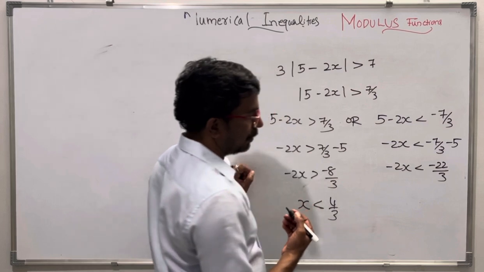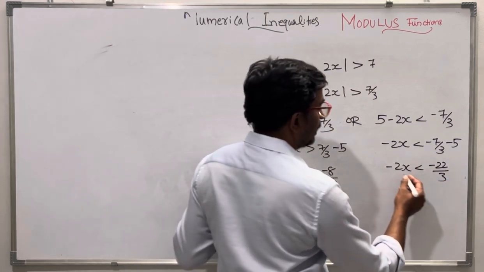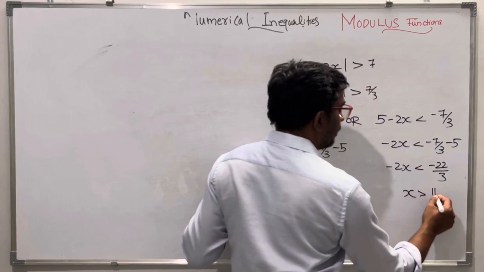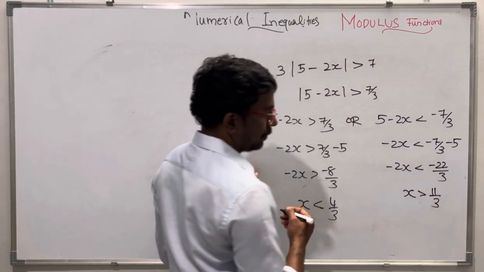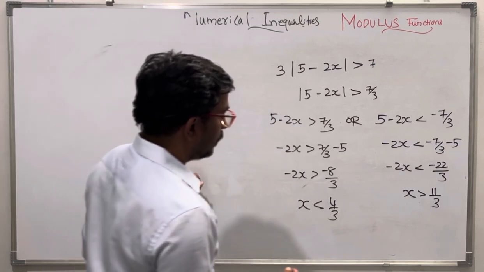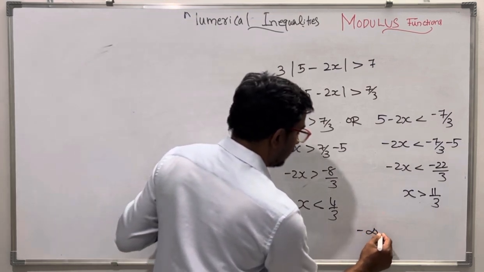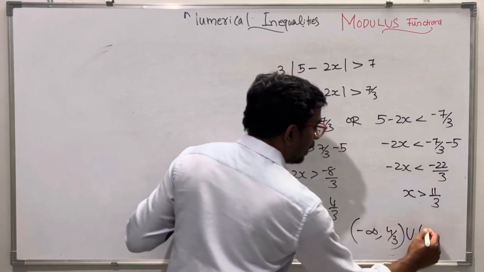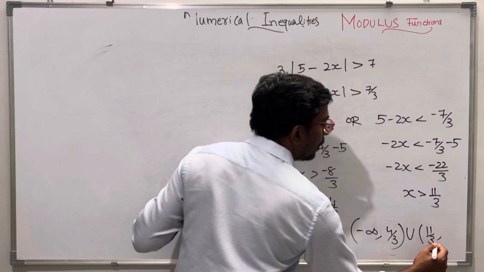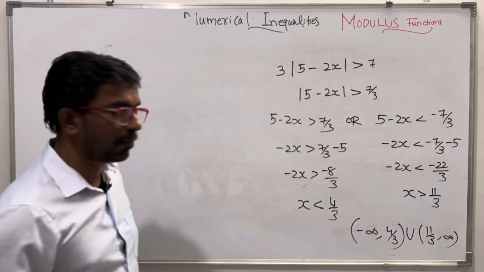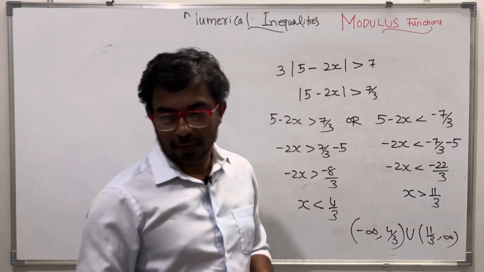You can divide by minus 2, so x will be greater than 11 by 3. So what do you get? Here x less than 4 by 3, so this is minus infinity to 4 by 3 union 11 by 3 to infinity. So this is how we solve this one.